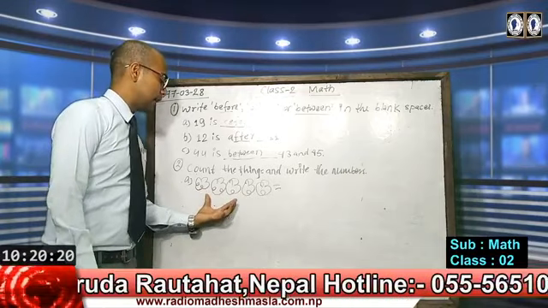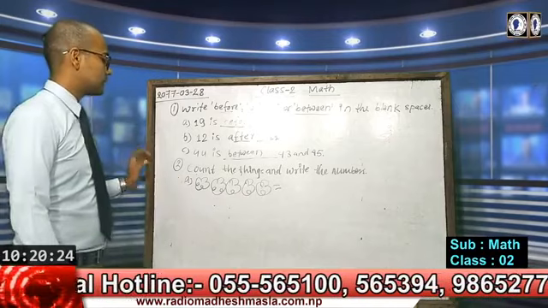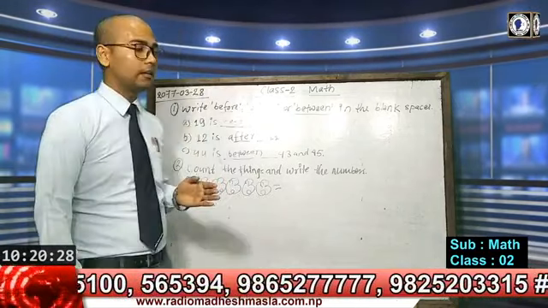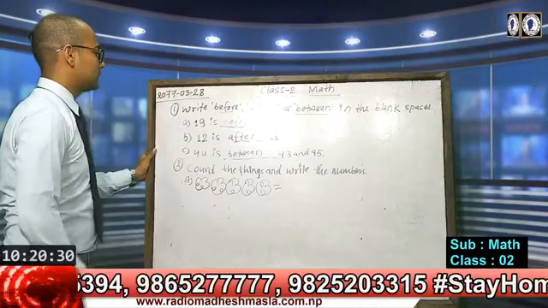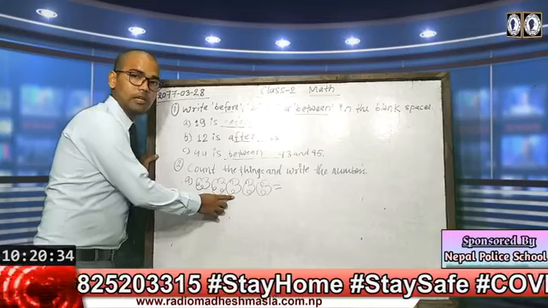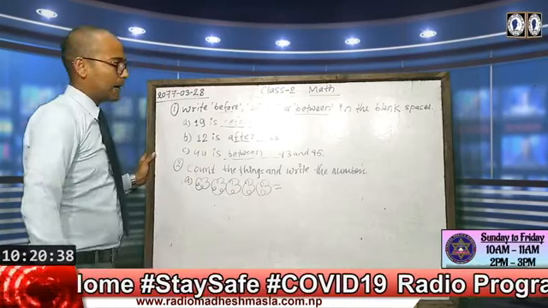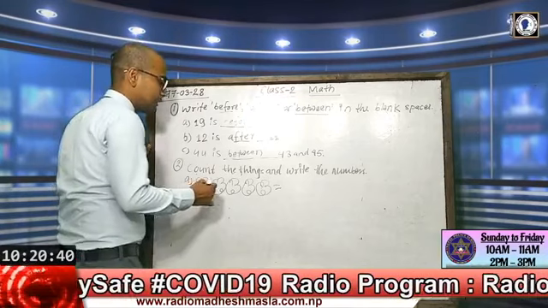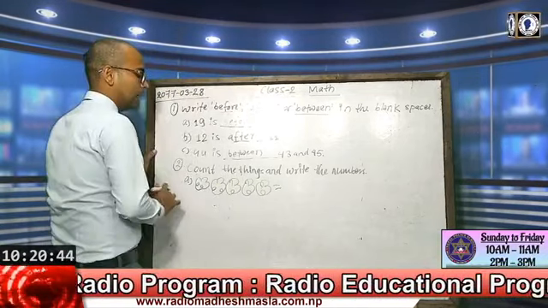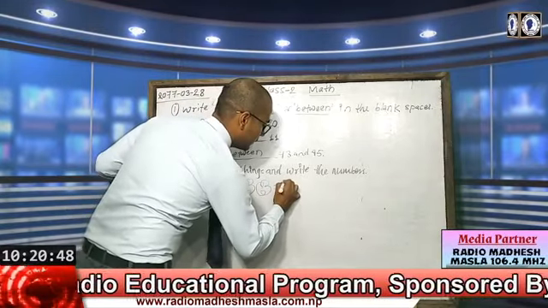So first, for the given row of figures, we should count the number of figures. Here 1, 2, 3, 4, then 5. So in this way we count and write the number. How many flowers are there in one row? There are 5 flowers, so we write 5 here.